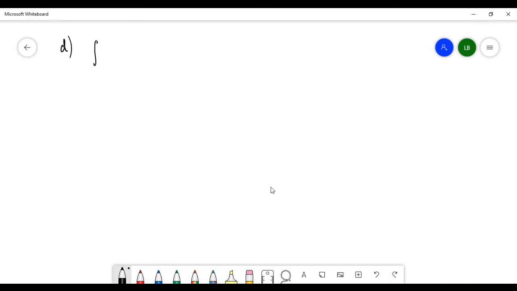So here's the last couple of practice problems for this section. Go ahead and give those two a try.